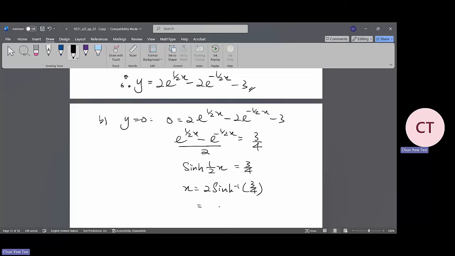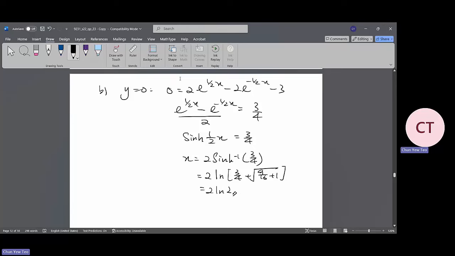Use the formula, check the formula booklet, for the logarithmic form of the inverse hyperbolic function arcsinh. So it will be 3 over 4 plus the square root of 9 over 16 plus 1. So you get 2 ln 2. That will be the answer for part B.